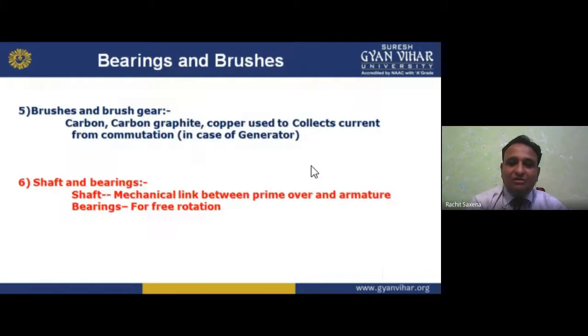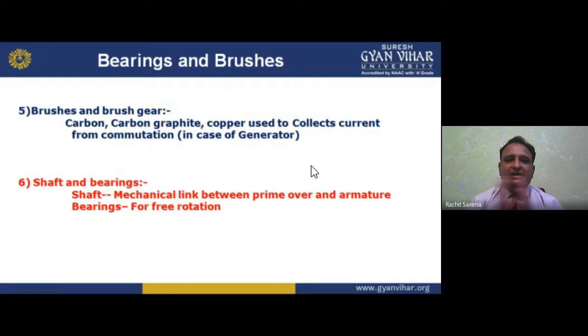Yes, brushes. Brushes are the important part, my dear student, because the brushes are connected with the commutator. As I showed earlier in my diagram, the commutator segments carry the current and the brushes give it to the terminals.